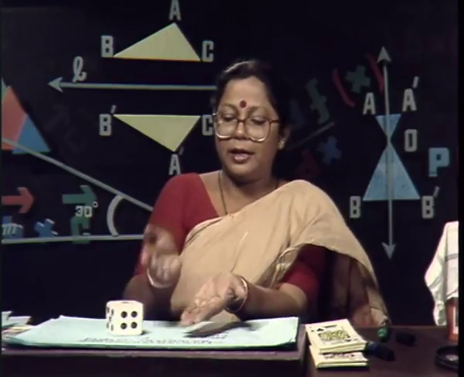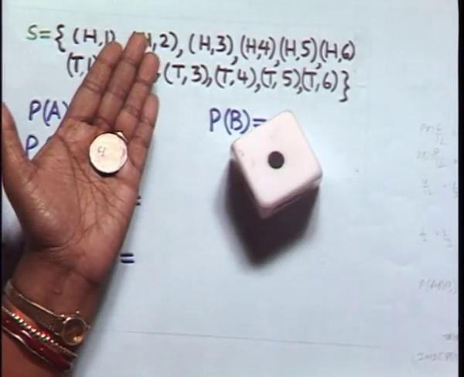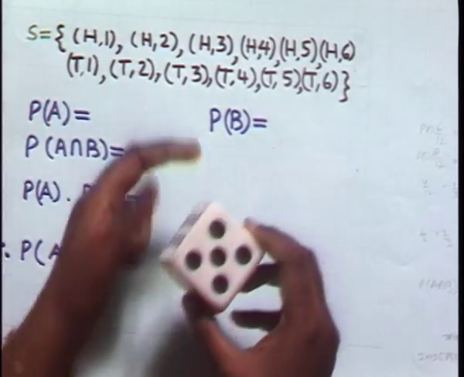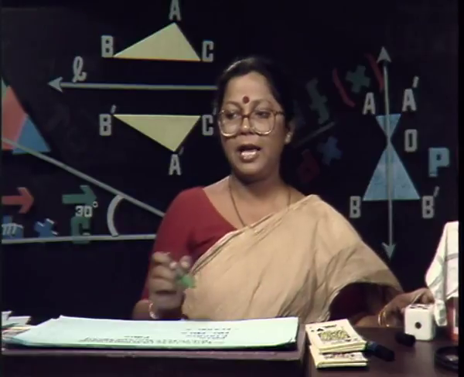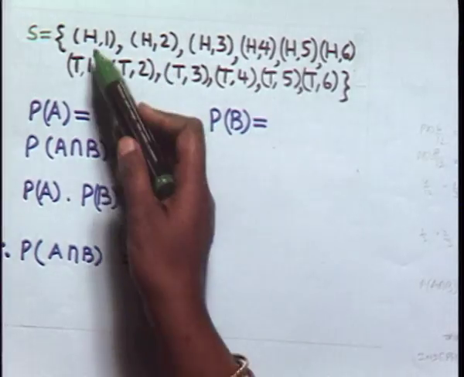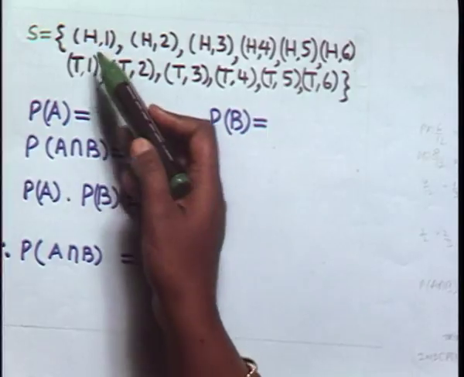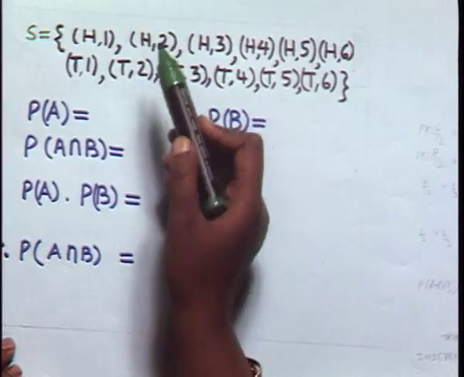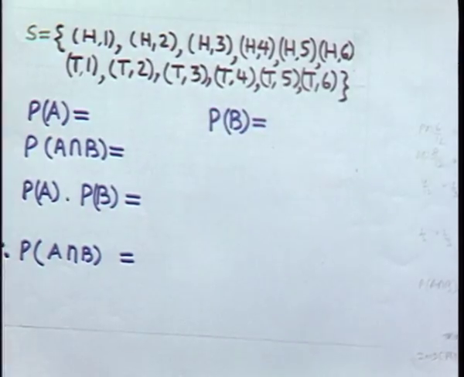Similarly, we toss a coin, we again get a head, but when we throw a die, we may get 5. So, thus the sample space will have 12 elementary events, head on the coin and 1 on the die, similarly head on the coin and 2 on the die, and so on.